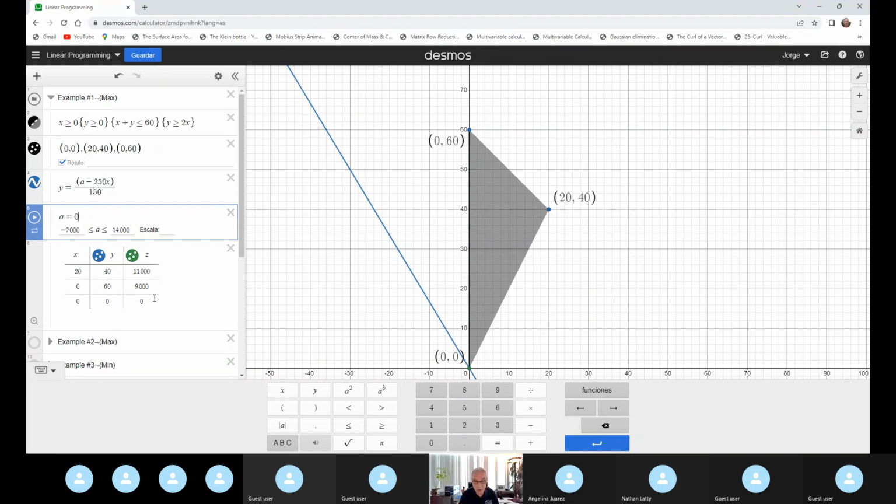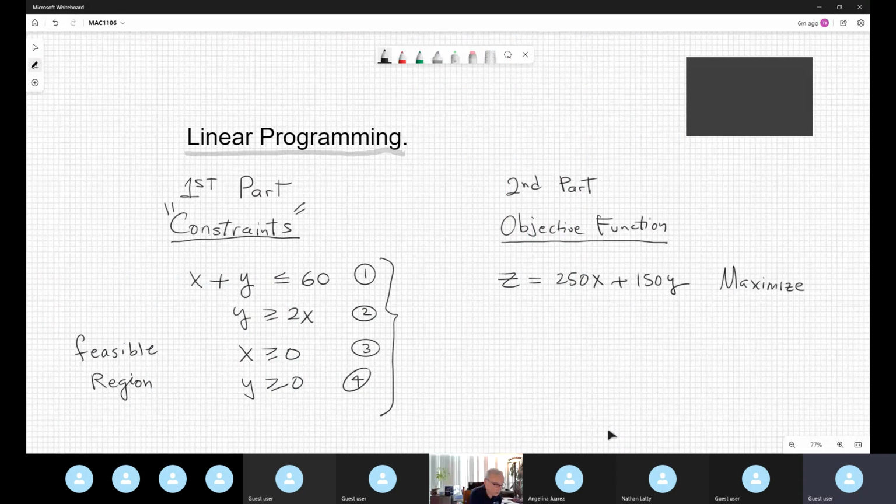Let me try to do it by hand on the whiteboard. Okay, look at that. Come back to the whiteboard. Do you see the whiteboard now? Yes. The situation that we have so far looks like that.